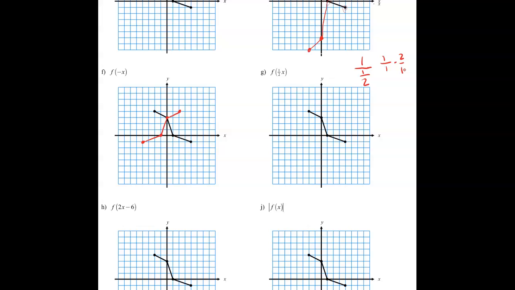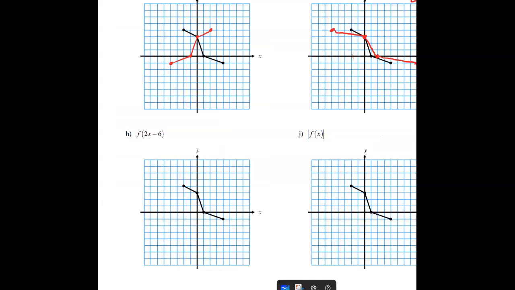All I'm going to do is take my x values and multiply them by 2. My x value right now is 2, so it's going to change into being 4. 0 times anything is still going to be 0. 1 times 2 is going to give me 2, and then finally 4 times 2 is going to give me 8. So connect your dots, and you shall be done with this problem.